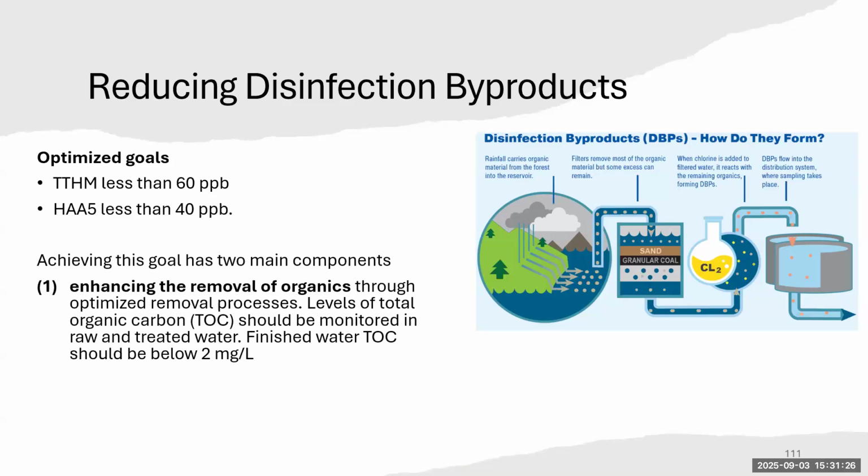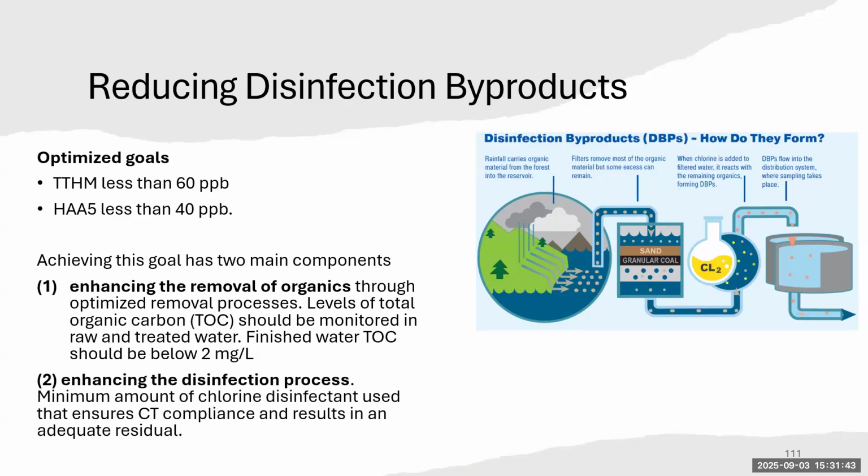One of the ways we can monitor the effectiveness is by measuring total organic carbon. We want that ultimately in our finished water to be below 2 milligrams per liter. So we want to monitor TOC in our source water and our finished water. So we're enhancing the removal of particles, and also we want to enhance the disinfection process.